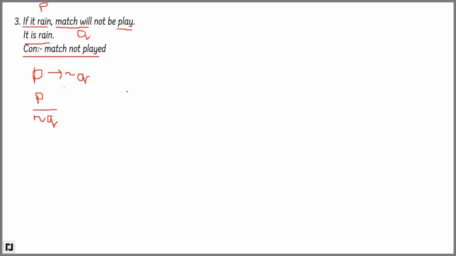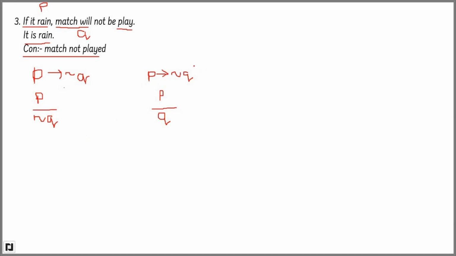So for making a tree of it, we have to make the conjunctive normal form of it. First step is to take the negation of the conclusion. So our three statements will become P implies negation Q, P, and Q. Now from this we can write a conjunctive normal form.